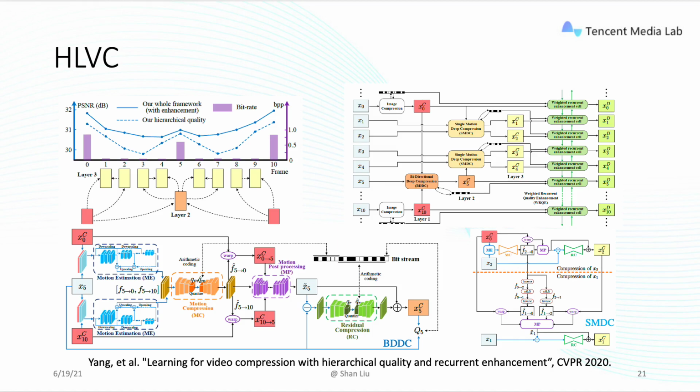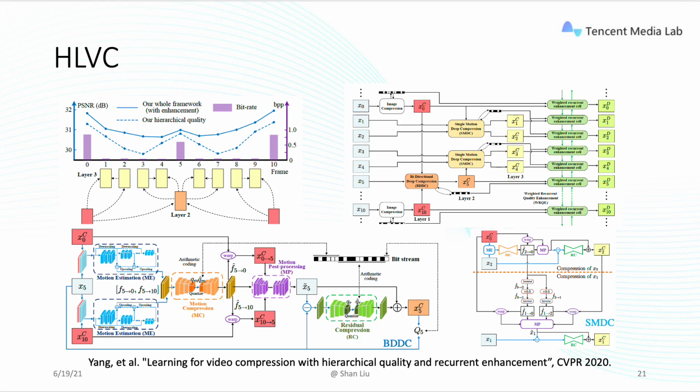The several frameworks just introduced only support unidirectional or P-frame prediction, whereas we know that bidirectional or B-frame prediction can usually bring quite noticeable compression gain. A paper in CVPR 2020 proposed a hierarchical learned video compression, also noted as the H-LVC method, which allows compression across 3 hierarchical quality layers.